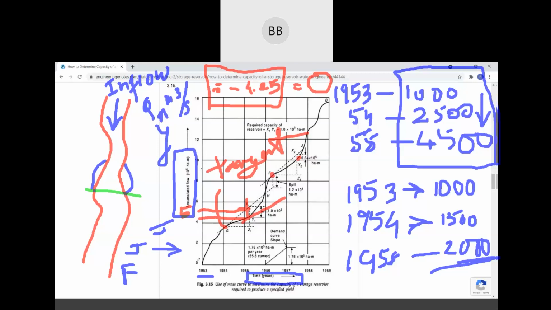So you follow that pattern. Then you have to draw two tangents, one at the flood point and one at the dry point. Then draw a straight line parallel to your y-axis and see where it intersects. That value we have to mark, and we also identify the value of the dry point. Then you have to subtract and find out the reservoir capacity.